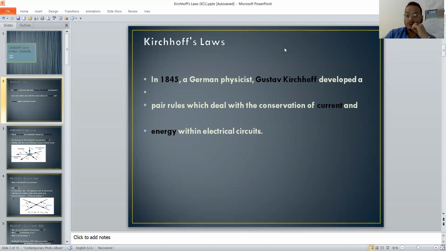We will explain all of them at the next slide, which deal with the conservation of current and voltage, because we have two kinds, one dealing with current and the other dealing with voltage. We will explain all of them within electrical circuits, or we can say closed circuits.